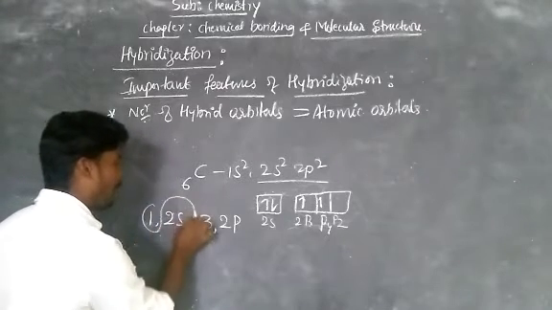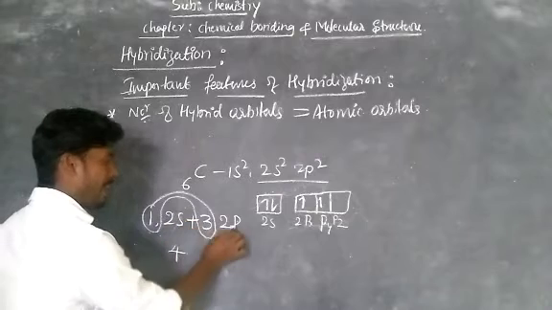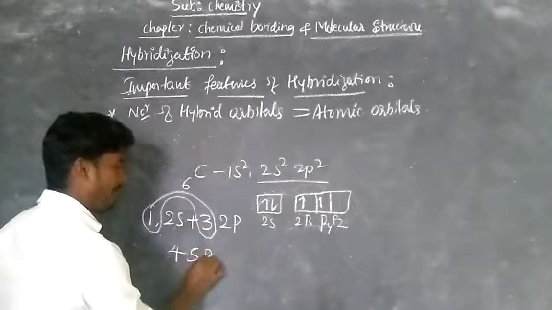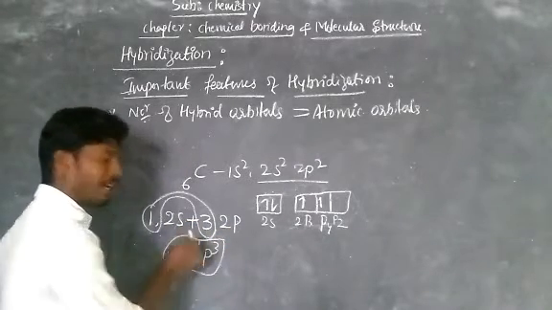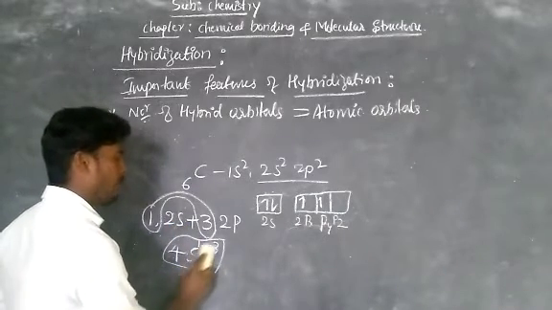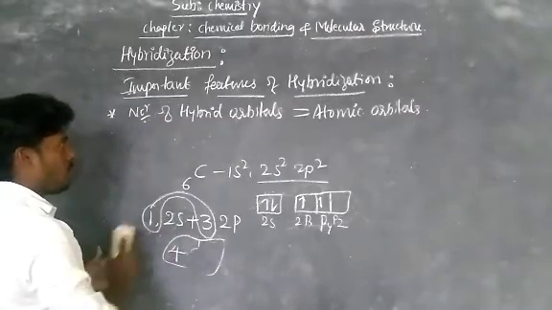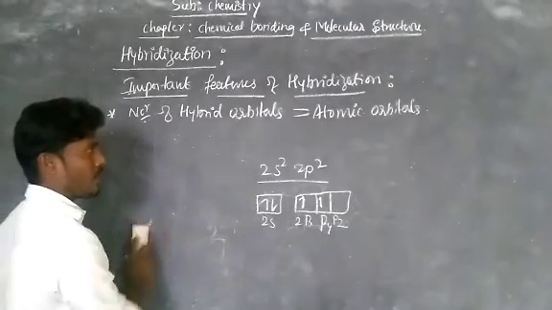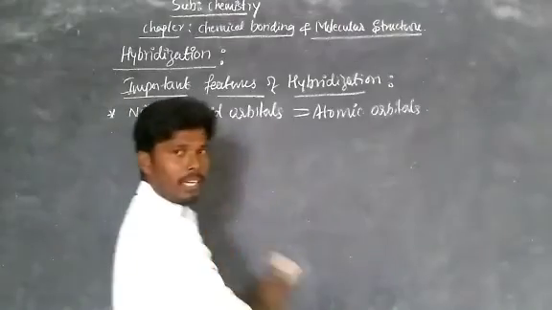Totally how many orbitals do you get? 3 plus 1 is 4. One s and three p, so totally we get 4 sp3 hybrid orbitals. Here there is no need to mention sp3. In total you get 4 hybrid orbitals. That says the first important feature of hybridization is that the number of hybrid orbitals is equal to the number of atomic orbitals.